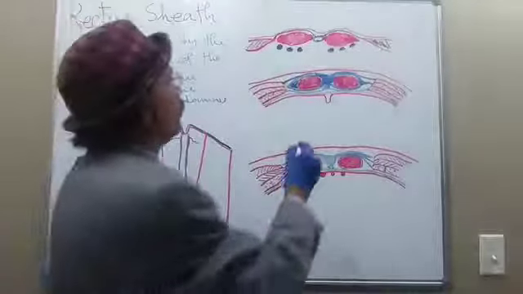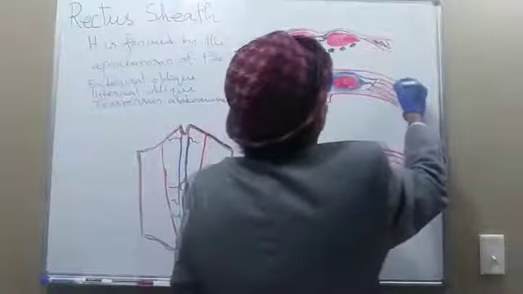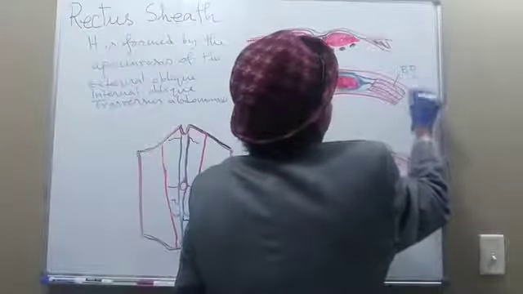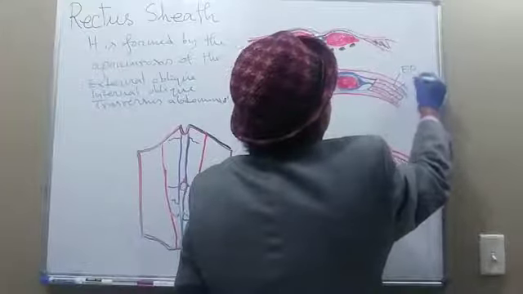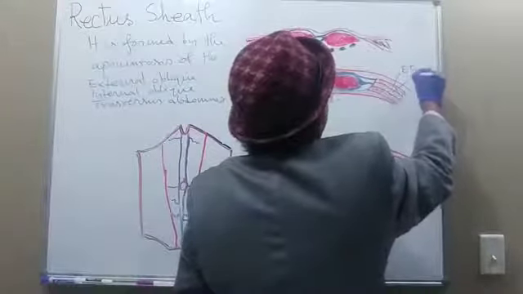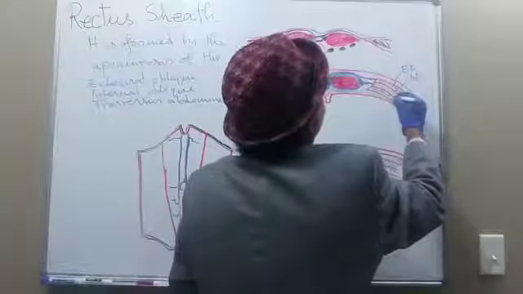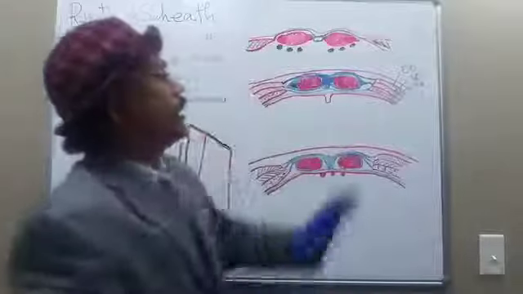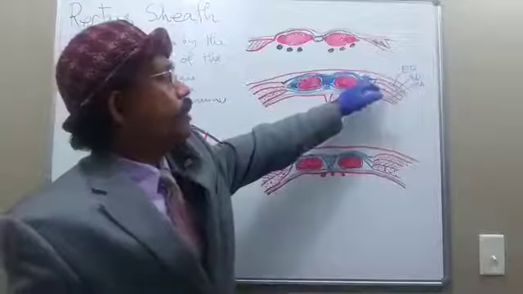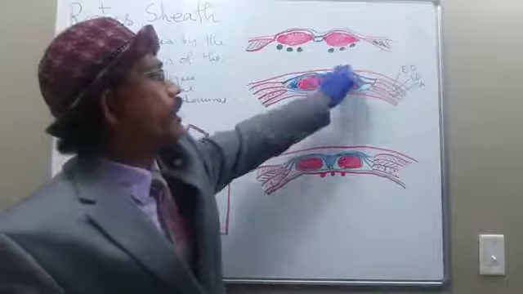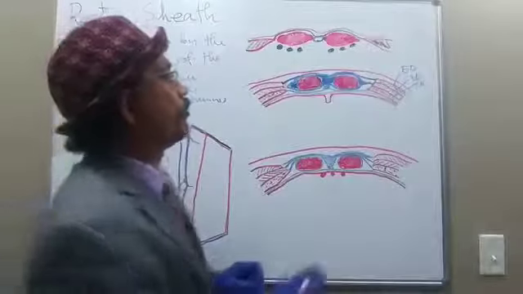So here, this is the external oblique, this is the internal oblique, IO means internal oblique. Then this is the transversus abdominis, and they have the aponeurosis here. Those aponeuroses contribute in the formation of the sheath around the rectus abdominis muscle.